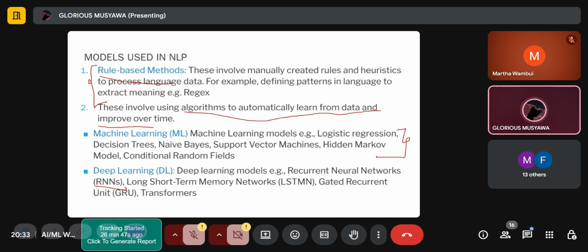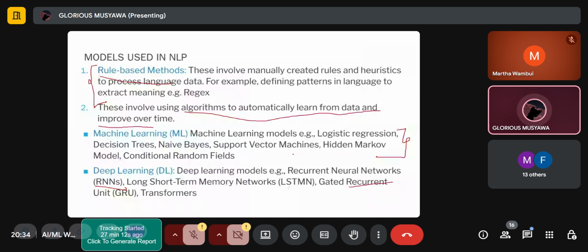Even if you're reading a book, those words are connected to each other. You can't process them individually. So it's still sequential data. And also long short-term memory. This is a variation of recurrent neural network, and so is the gated recurrent unit. From even the word recurrent unit, it's also a variation of recurrent neural network.